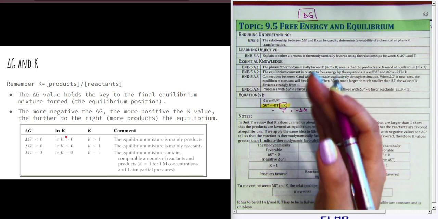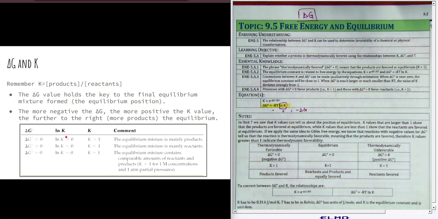Now, if I have the opposite problem where the equilibrium position is mostly reactants, my denominator is bigger, which means K is less than 1. If K is less than 1 and I take the natural log of that value, the natural log of K is going to be less than 0, which means it's negative.